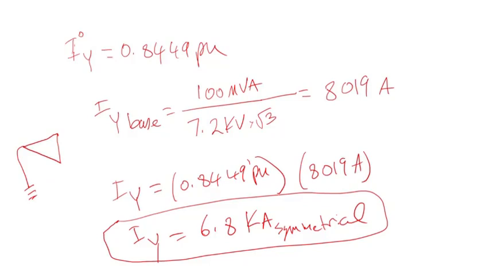So each winding, so basically this is a winding. This is a winding. Since it's three-phase, there are three of them. So each of these, because I0, the zero sequence basically, will flow through these, it has to withstand at least 6.8 kA.